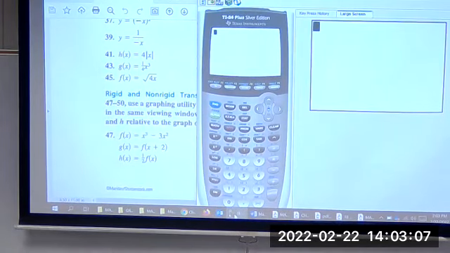G of x is the original f function, but instead of an x, you replace it with x plus 2. And h of x is equal to 1/2 of the original function, 1/2 of f of x.